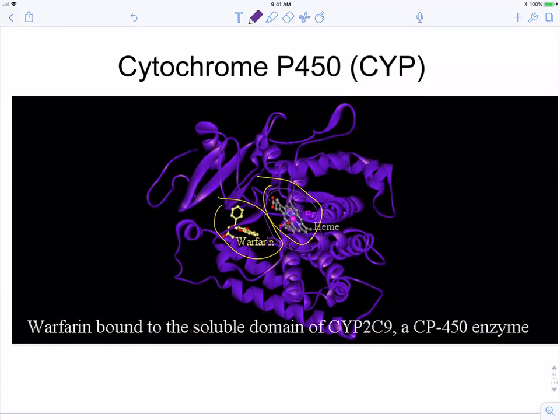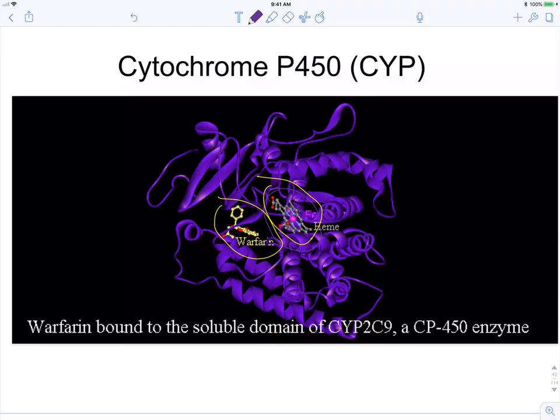Most of these reactions are carried out by cytochrome P450, which is basically the most important enzyme superfamily. Those are heme proteins, and there are more than 50 families, each of them with up to 10 subfamilies.